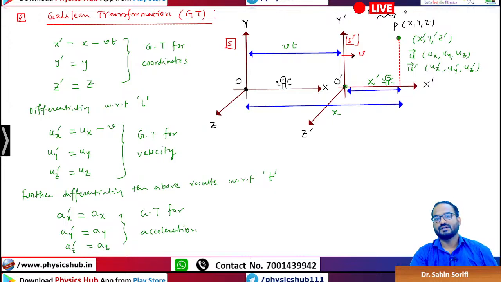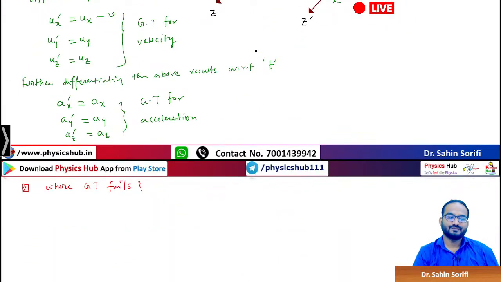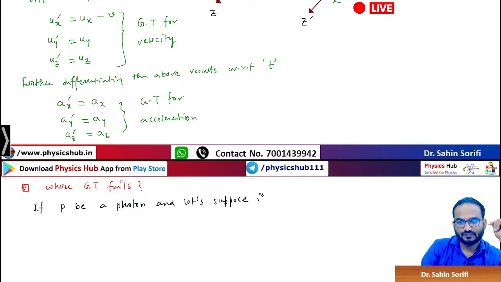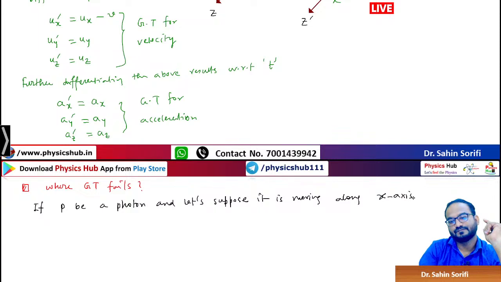Suppose P is a photon moving along the x-axis with speed c with respect to the S frame.